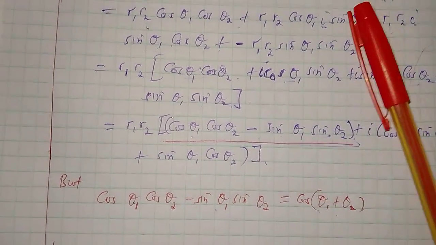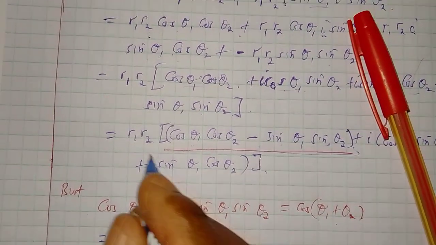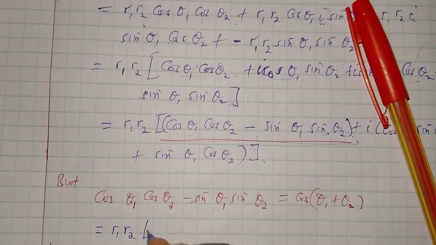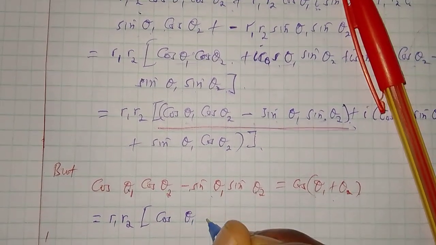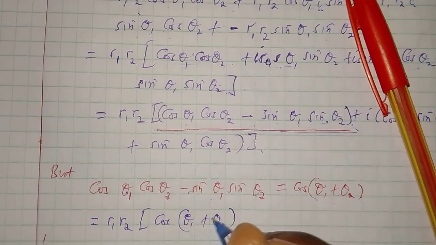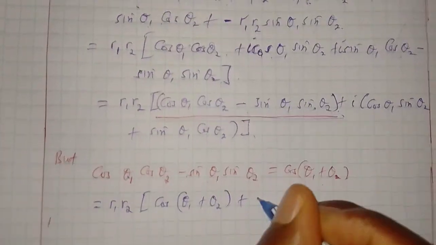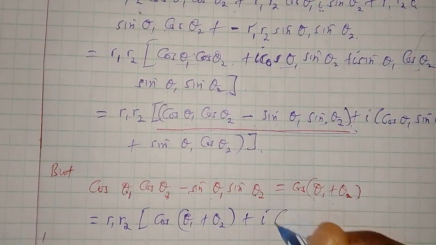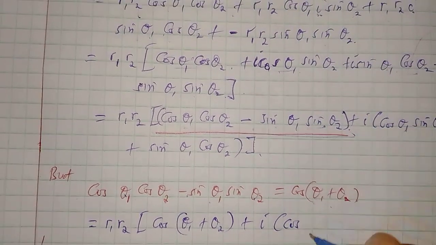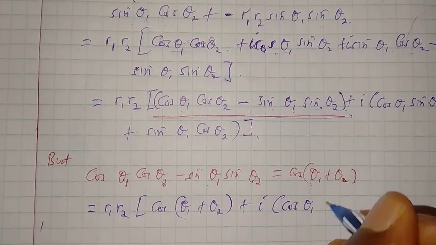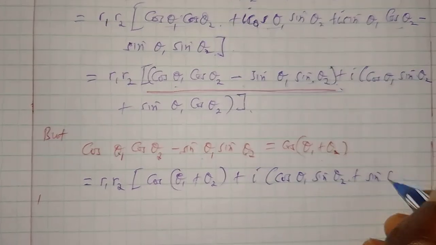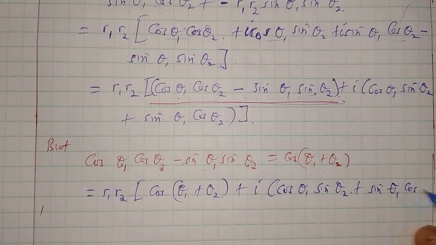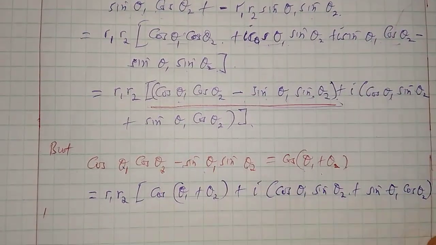Say that r1 r2 into cos of theta1 plus theta2, plus i into cos theta1 sin theta2 plus sin theta1 cos theta2.